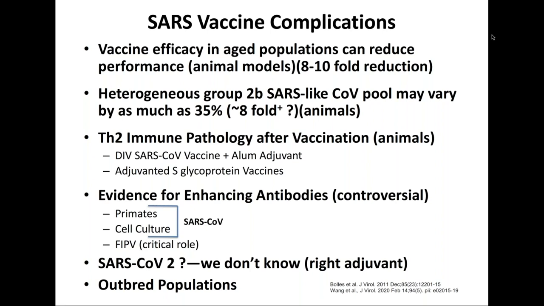And so when you put those two together in an aged animal, it can become quite deleterious to the performance of a vaccine. The final thing that I want to mention is the concept of outbred populations and how animal models, genetic reference populations, may be of value to identify potential vaccine complications. Next slide.